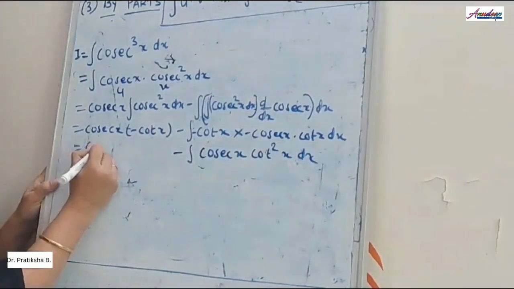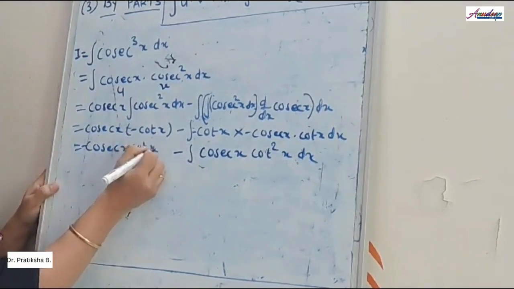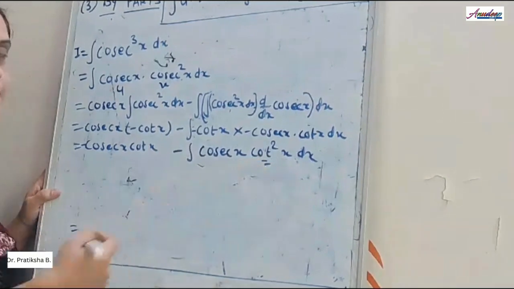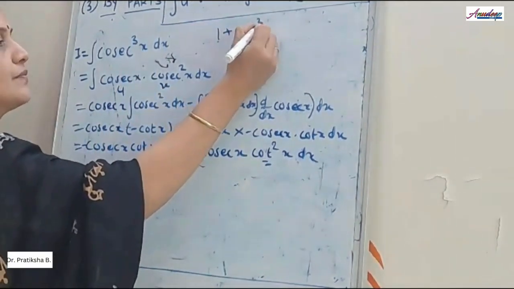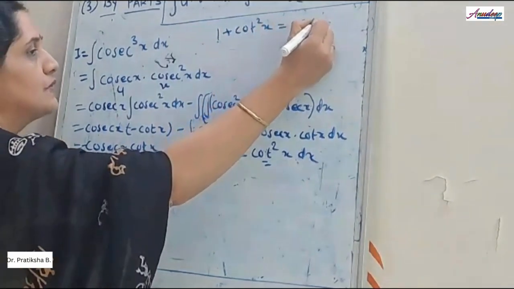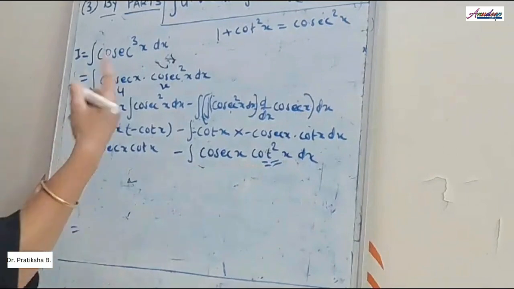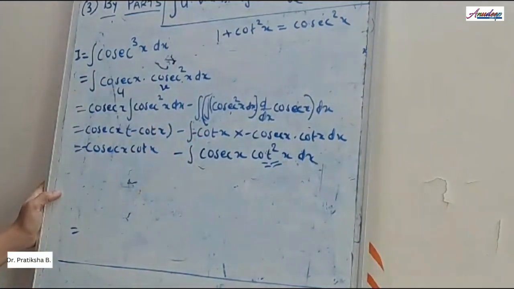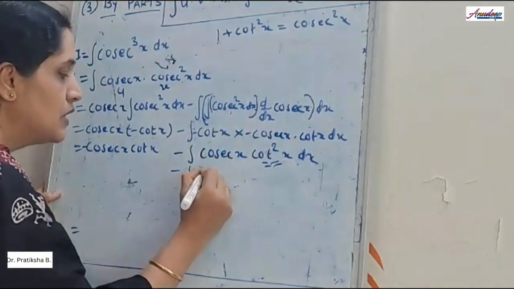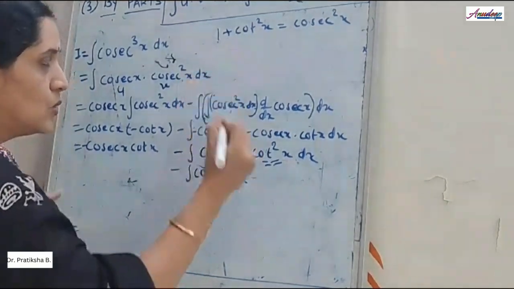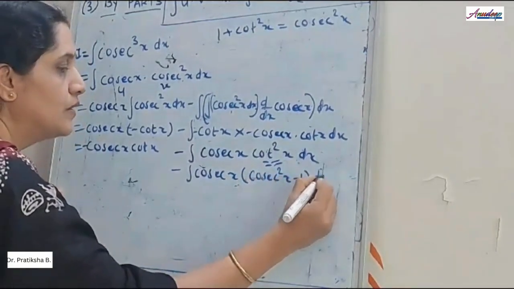The first term will be as it is. Now, what is the identity for cot? It is 1 plus cot square x is equal to cosec square x. So, I can replace cot square x by cosec square x minus 1. I will rewrite it as cosec x into cosec square x minus 1 dx.